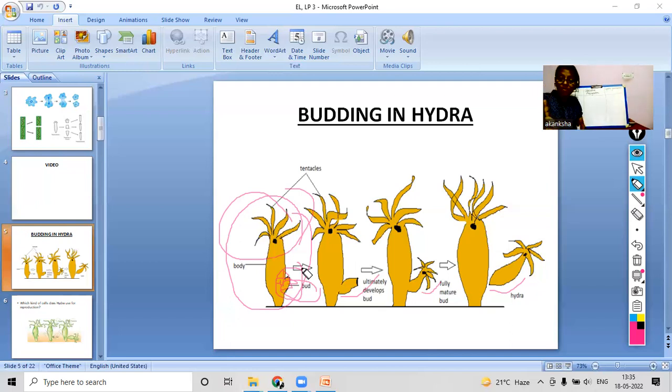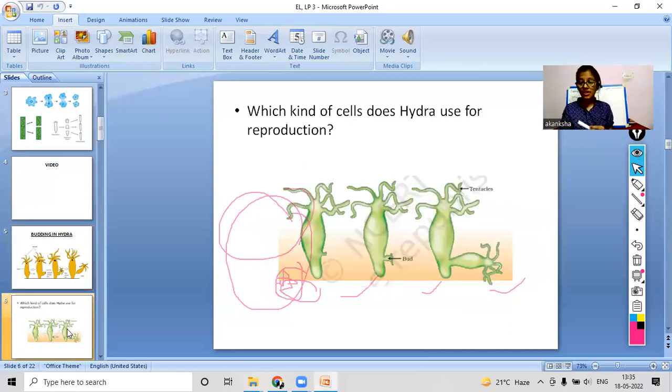Budding also comes under asexual reproduction, and it happens in which organism? As you all told, yes, very good, it happens in hydra. Now we will move on and see some more information about budding. Which kind of cell does hydra use for reproduction? We cannot see budding in humans, and in many organisms.